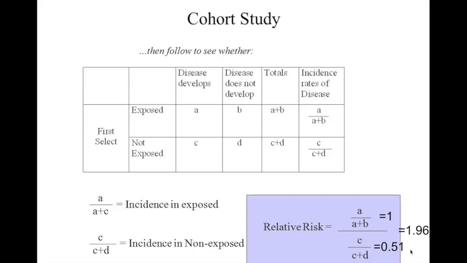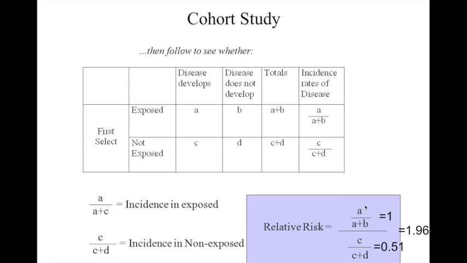Now, if that's the case, how could you possibly ever get a relative risk of 2? If C divided by C plus D is equal to 0.51, how could you possibly manipulate A over A plus B to get to a total relative risk of 2?